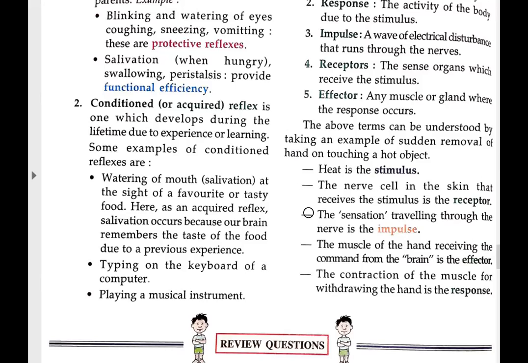The muscle of the hand which is receiving the command from the brain will be known as the effector. And the contraction of the muscle for withdrawing your hands will be the response by the effectors.